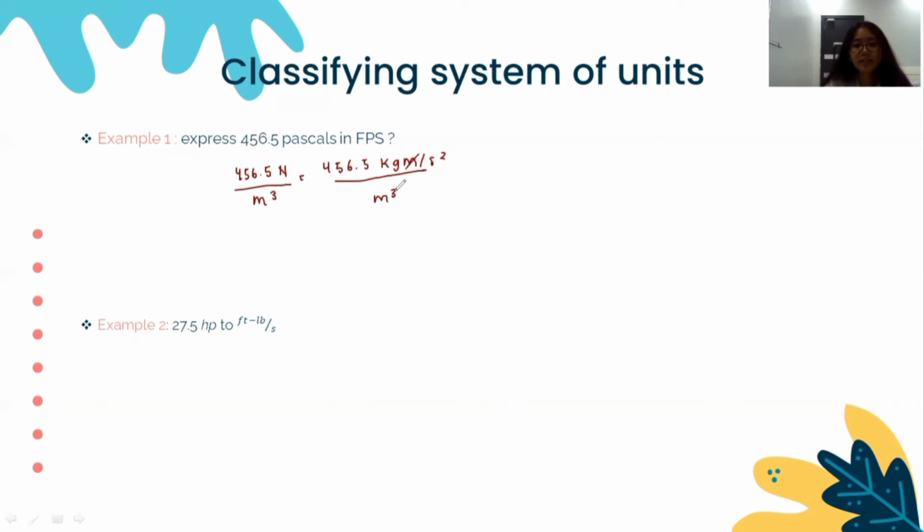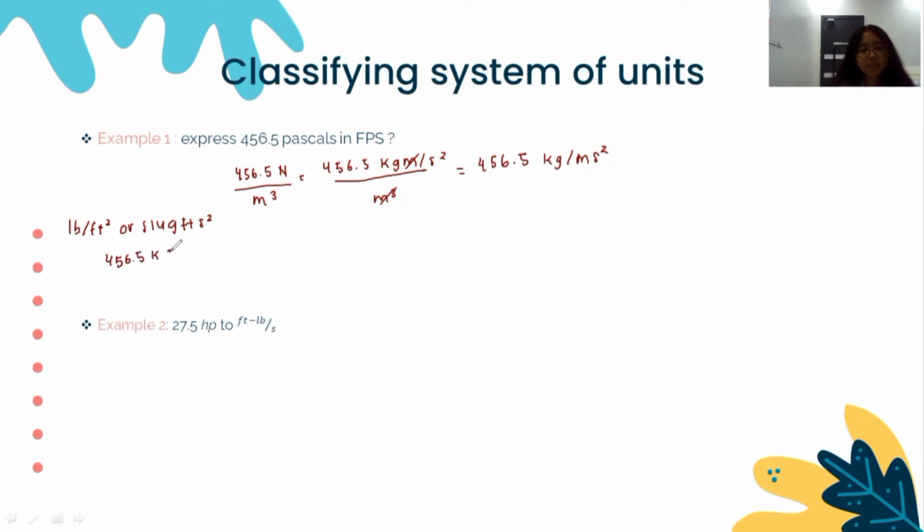Then we're going to cancel the meter out. We will have 456.5 kilogram per meter s squared. Next, we're going to convert pascals in FPS. Pascals in FPS is pound per feet squared, or slug per feet s squared.